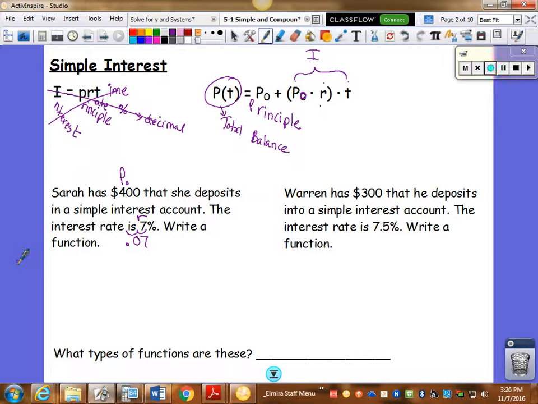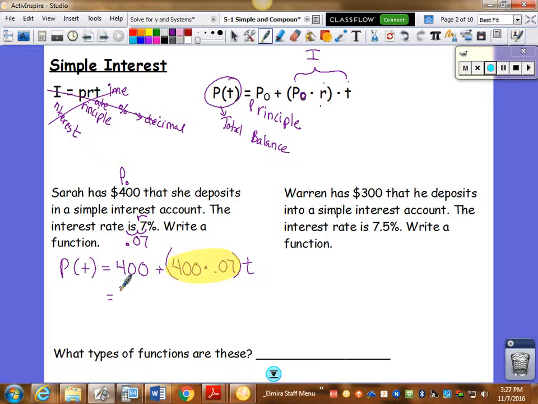So now we can sub in. P sub t, or P of t, equals 400 plus 400 times 0.07 in parentheses times t. Then we take that multiplication problem in parentheses and multiply it out and simplify it.